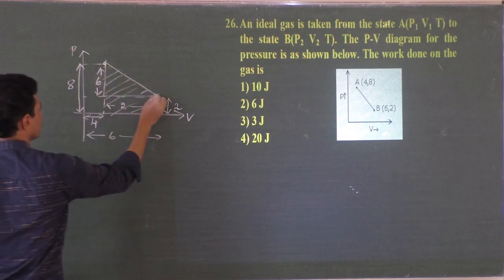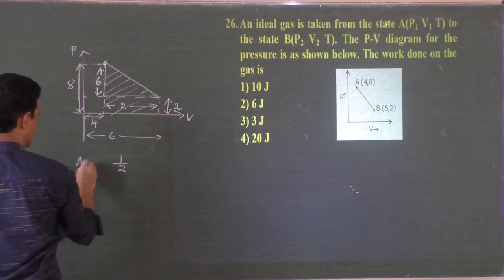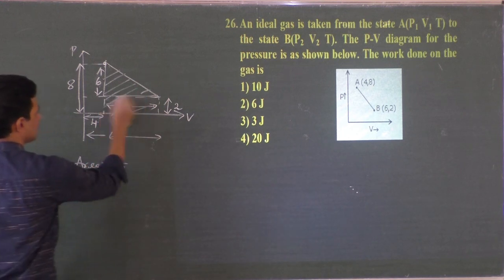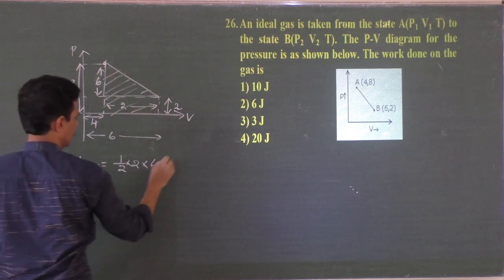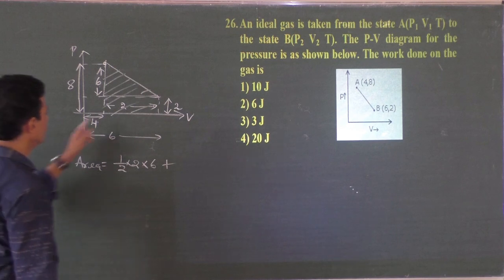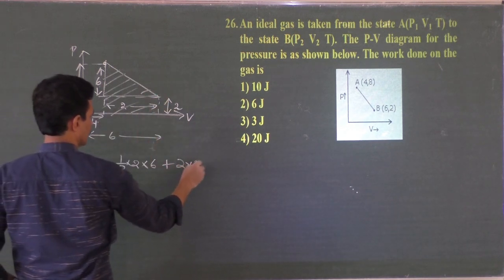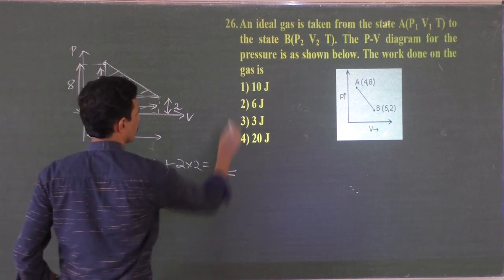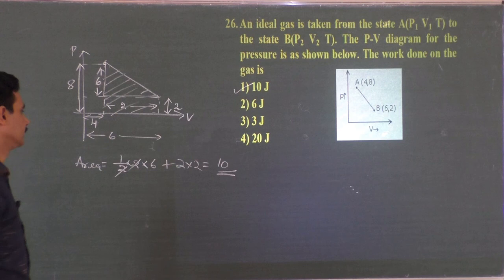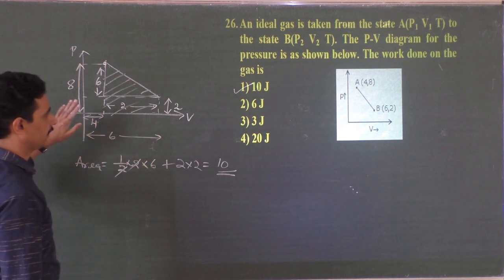First we will find out the area of the triangle. Half base into height plus length into breadth, 2 into 2. That is 10 joules. This is the area, right? 6 plus 4, 10. I think I have not done any mistake.